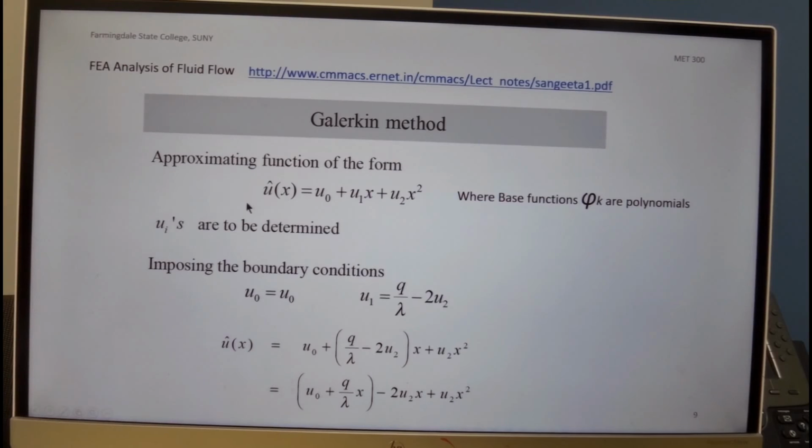And this Galerkin process can be used in solving any differential equations. For example, we can approximate the unknown variable with a polynomial going x and x squared. And then if we use the boundary condition, we could solve for one element, which is u1, and we are still left with u2 as unknown.